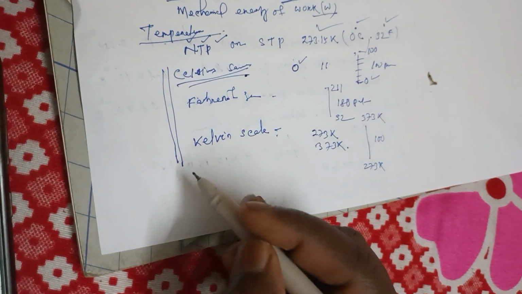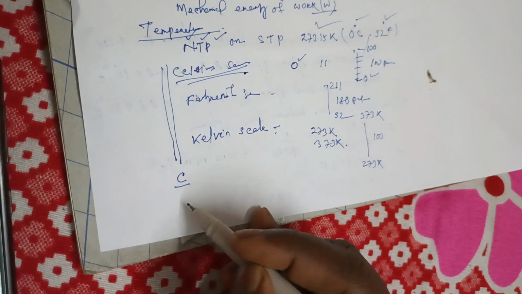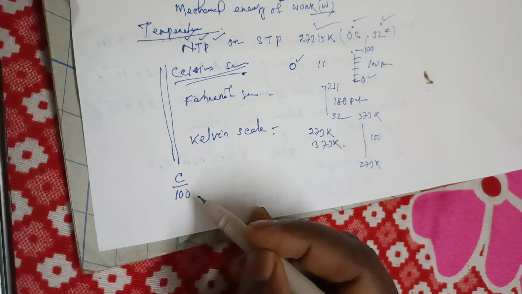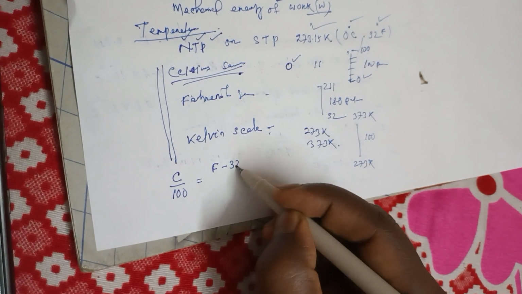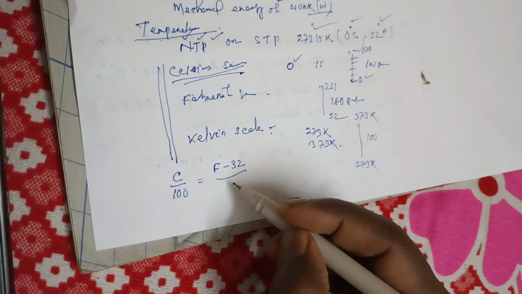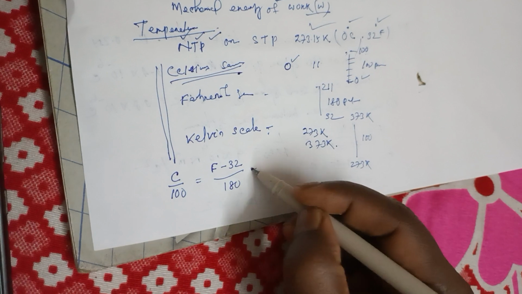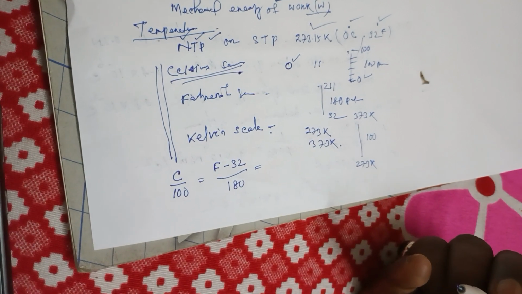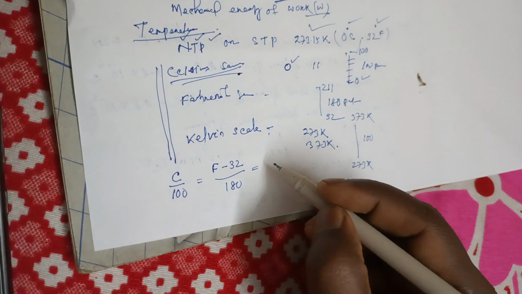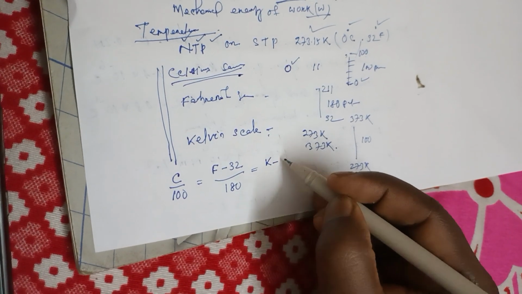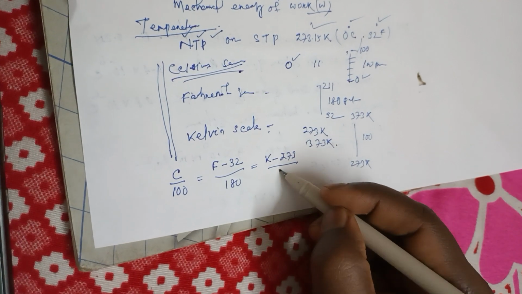C by 100 equals F minus 32 by 180, equals K minus 273 by 100.